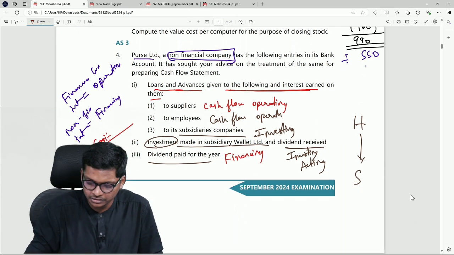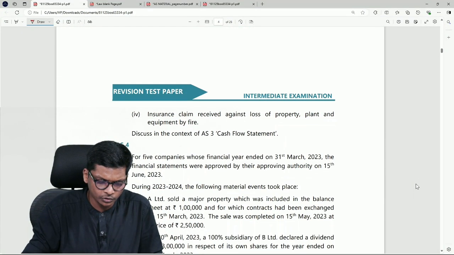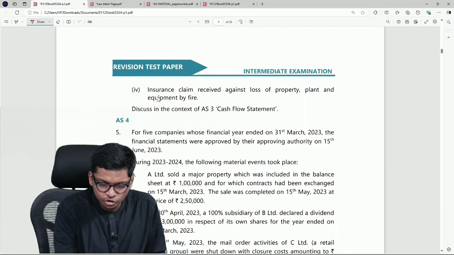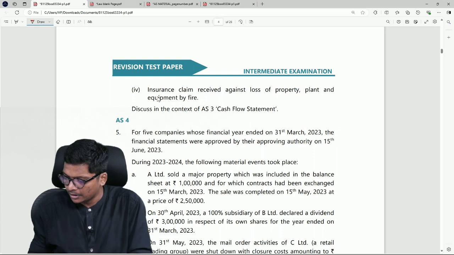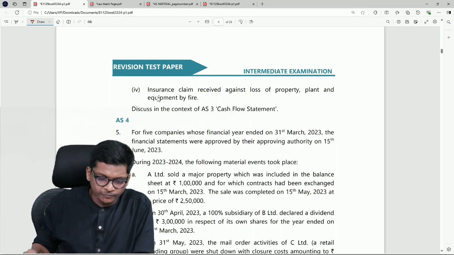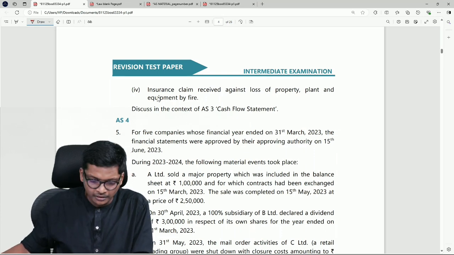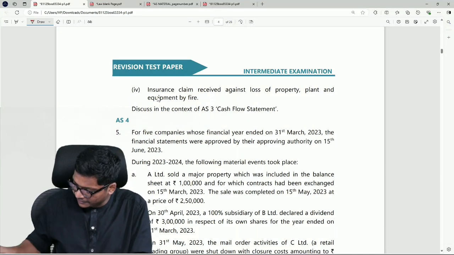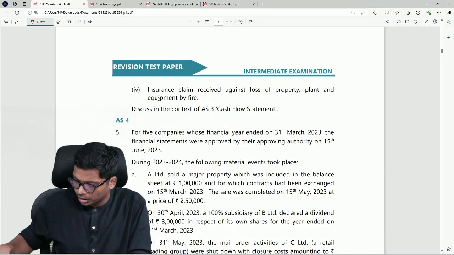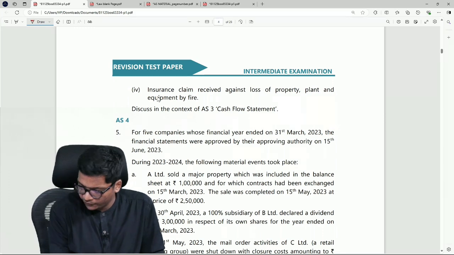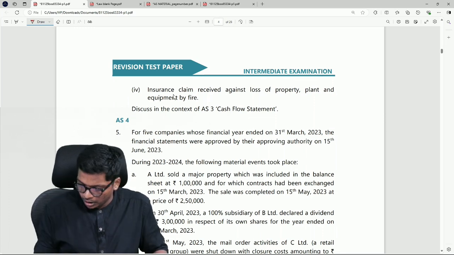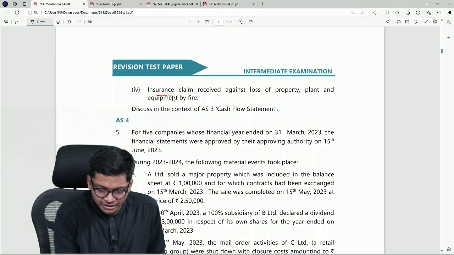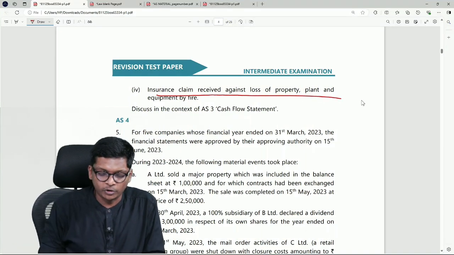This is AS3. Okay. Last one, insurance claim received by the company for loss of property, plant and equipment by fire. Now, if you look at this insurance claim, it is received against loss of property.